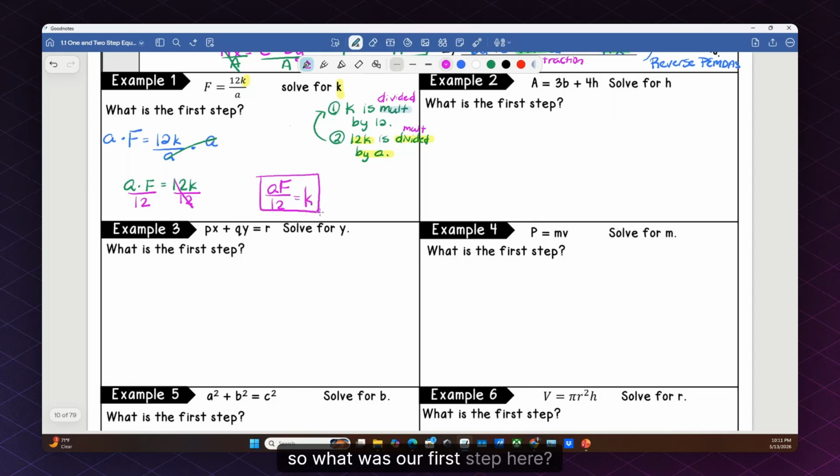Okay, so what was our first step here? It says, what is the first step? I can just go ahead and fill this in. First step, we're going to multiply by a.